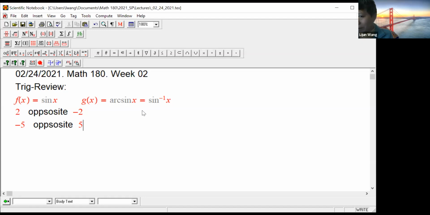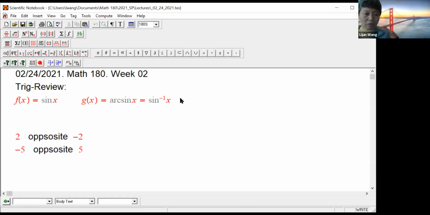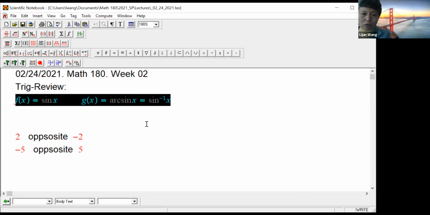And then you used the word inverse. I'm glad you have this word, but unfortunately, these two functions are not inverse to each other at all.